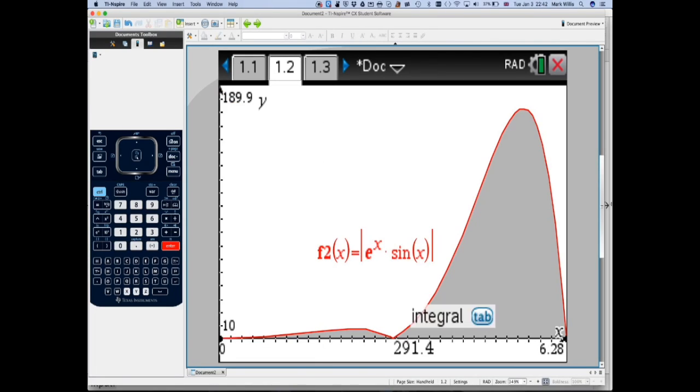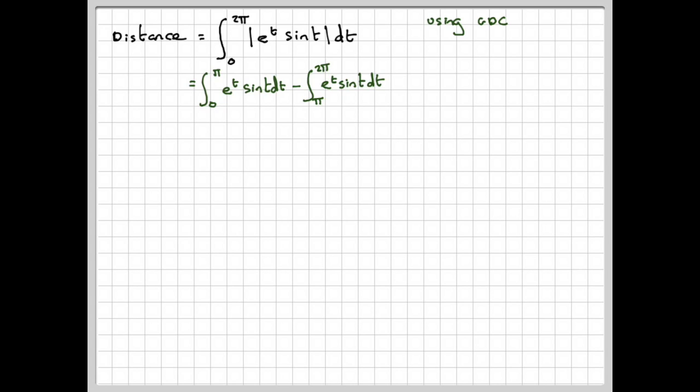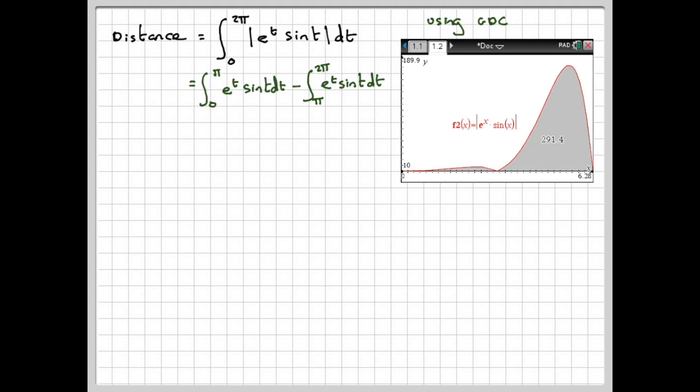And now we've got an answer of 291. So what this does is add this area and this area together. Blue on the original graph is below the axis, but it takes the total distance travelled. So write down the calculator value and the value rounded off to 3 significant figures, 291.